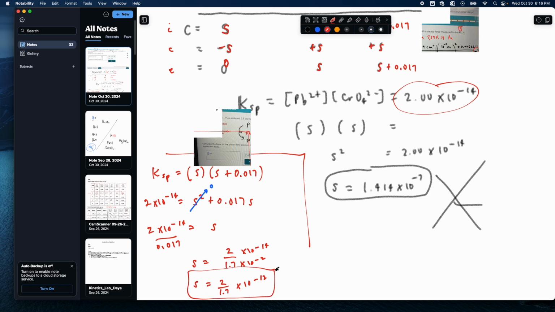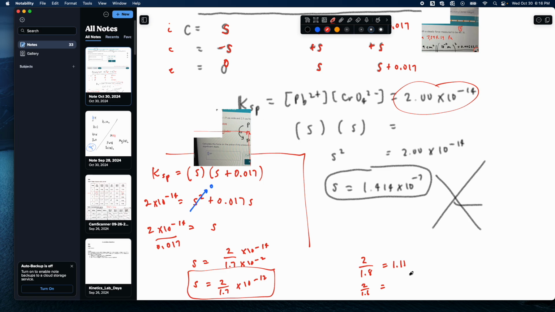Oh, I'm tempted to do 2 over 1.7. What's that going to be? 2 over 1.8 is the same thing as 1 over 0.9, which is equal to 1.11. 2 over 1.6 is the same thing as 1 over 0.8, which is, I can't do that in my head.